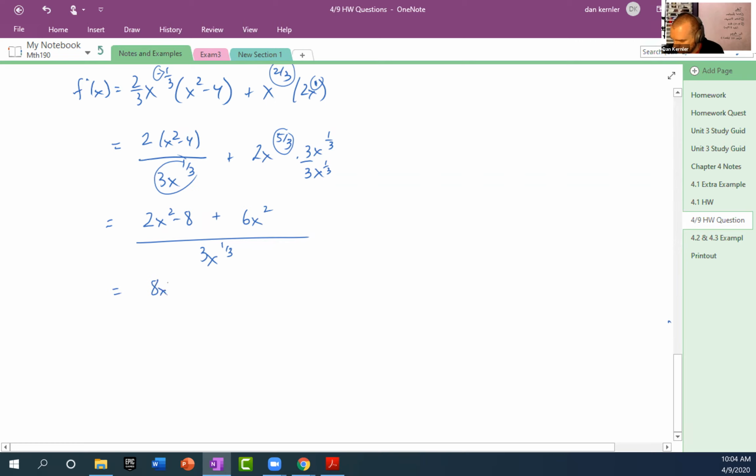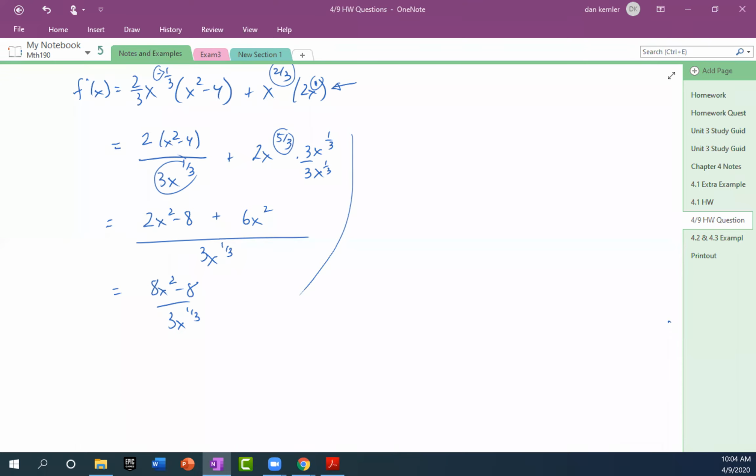So you get 8x squared minus 8 over 3x to the 1/3. We did one step of calculus, and then the rest of this was algebra, but kind of non-trivial algebra. Any questions so far about either the derivative or the algebra steps that we did?